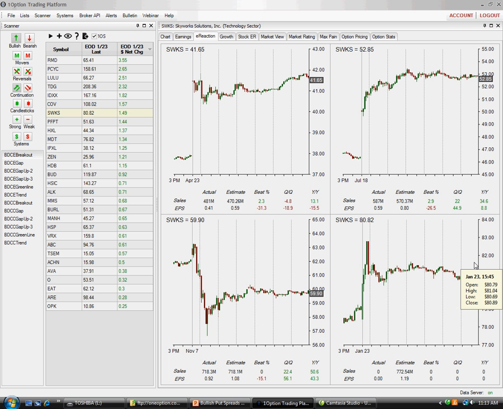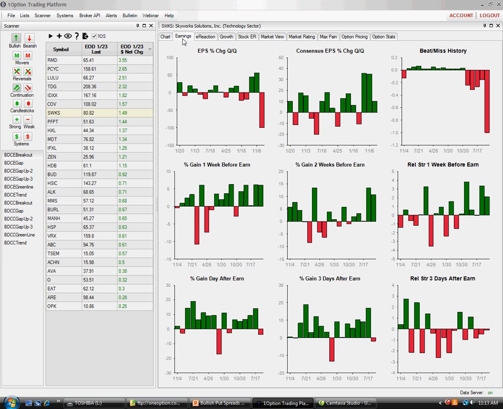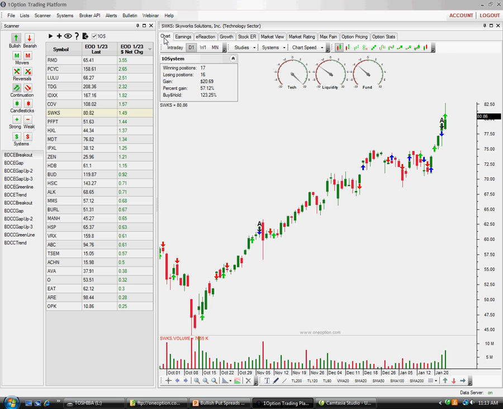It gapped up and then kind of held that level pretty well. And there we can see earnings percent change quarter over quarter. So it didn't come through on the earnings side, but it sure had a huge spike in revenues. And I know that's what's got to be driving the stock higher.